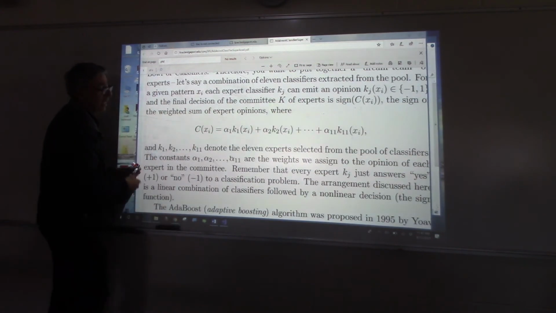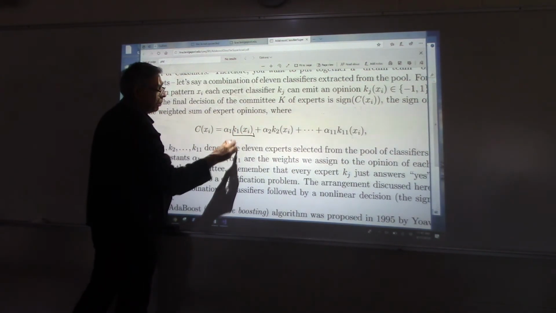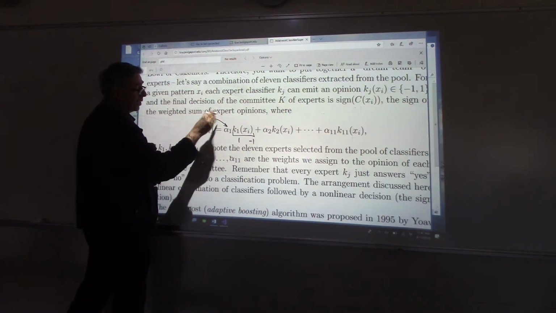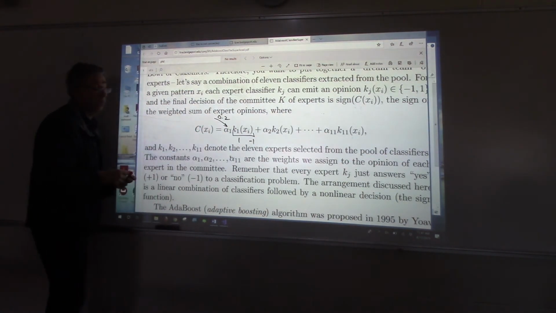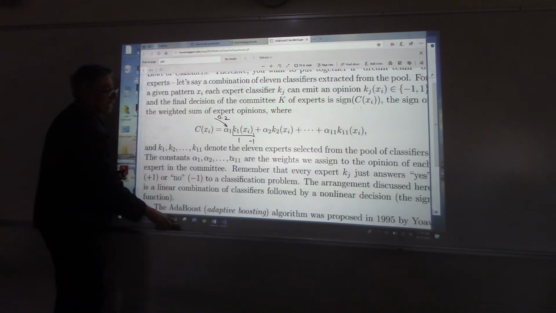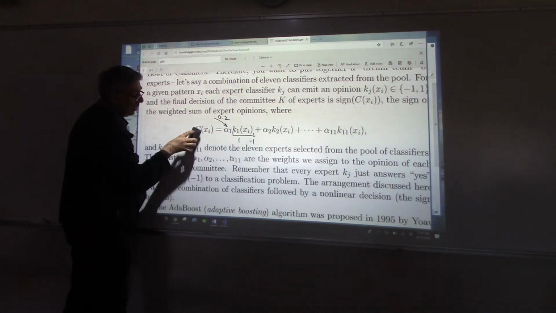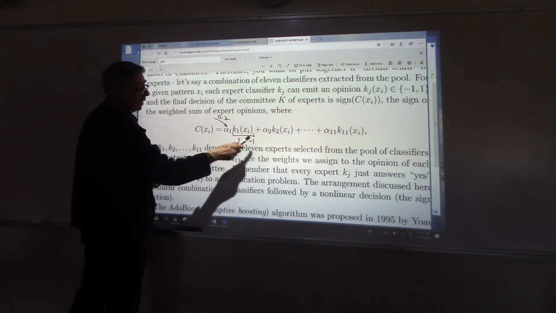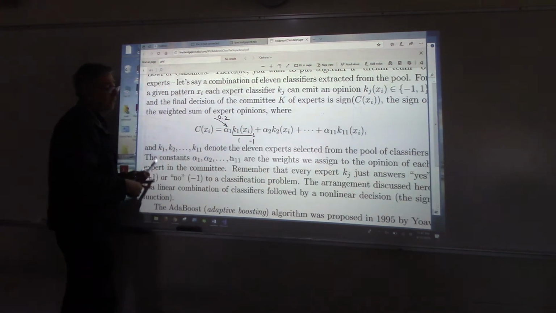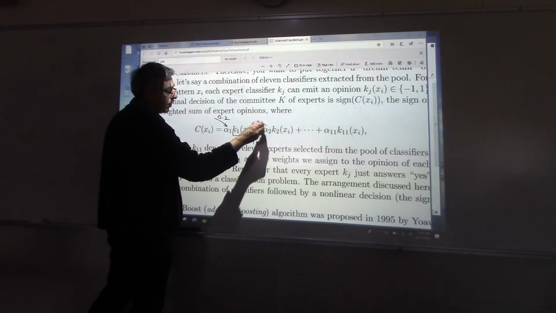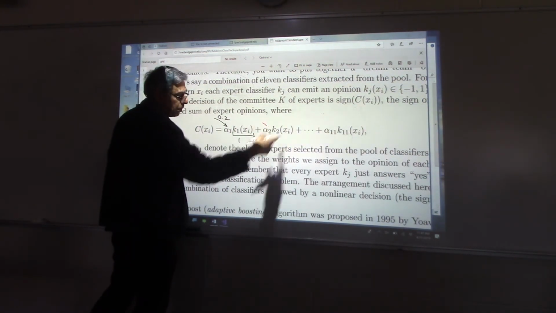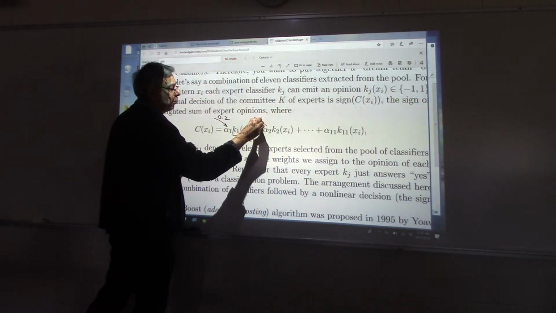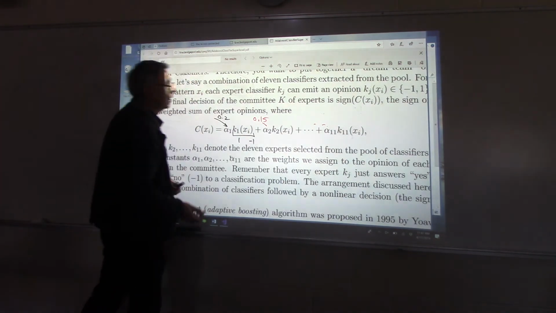So once again, K1 is the classifier, it will produce 1 or -1. Alpha is basically the coefficient, like a number, like 0.2, 0.1, 0.7, right? So let's say we have 11 classifiers. Each one is giving us 1 or -1. And let's pretend we already, through some previous knowledge, have given these some weights, okay?